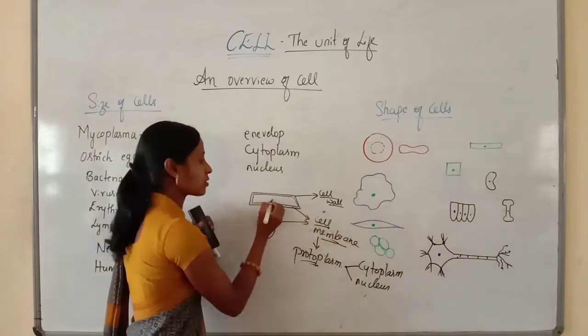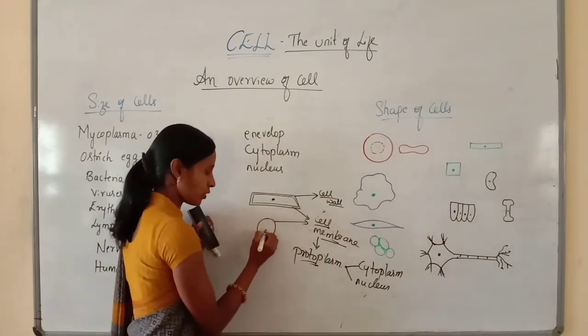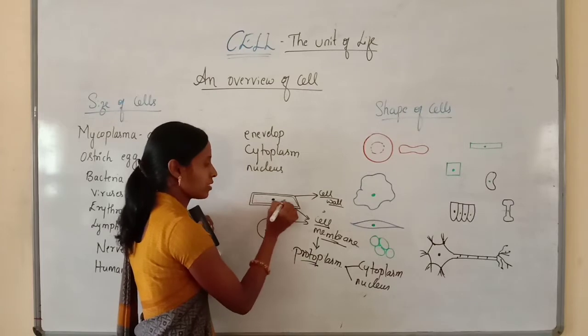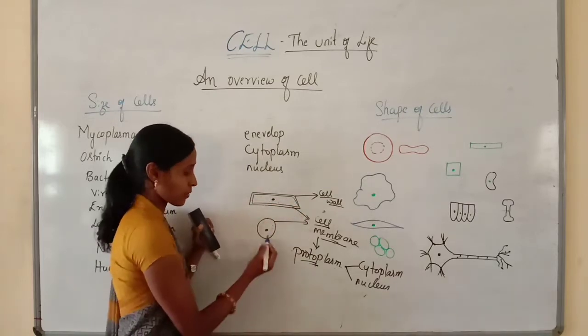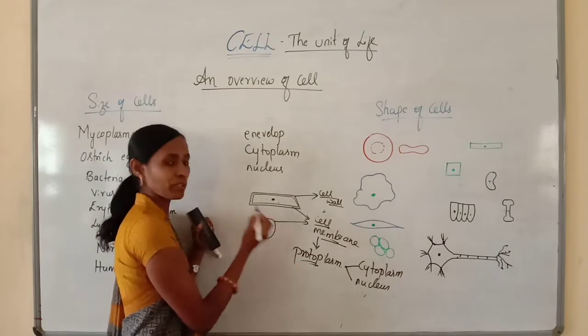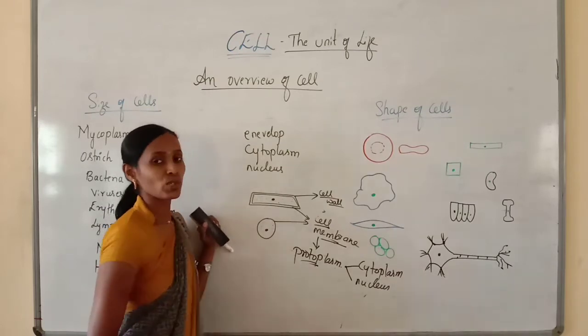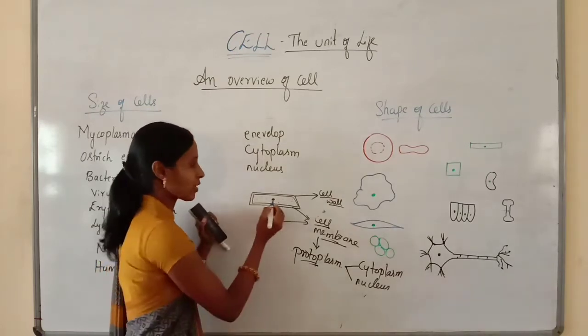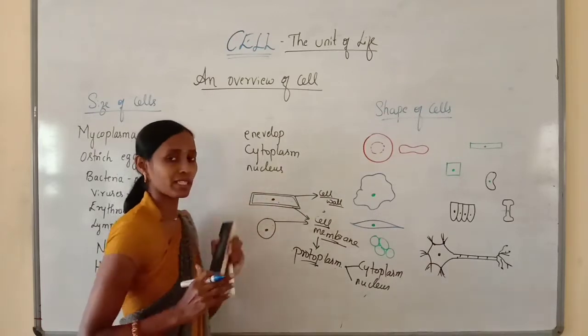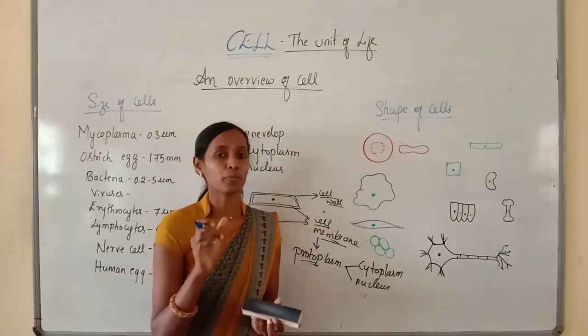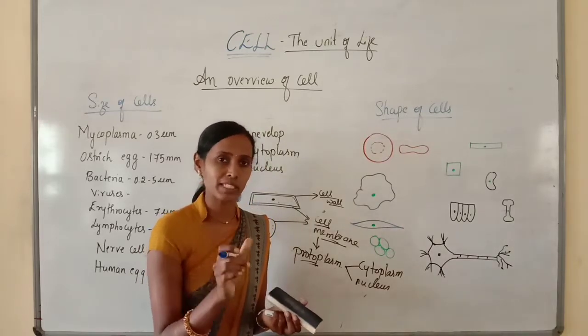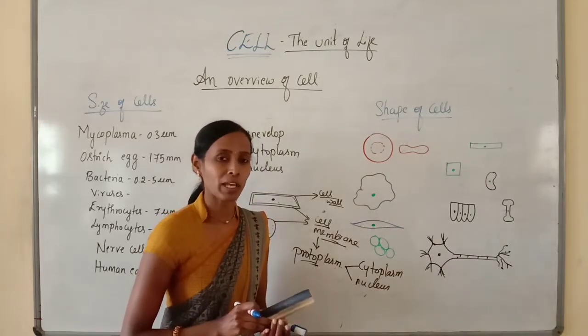So in this cell also we can find the presence of nucleus along with cytoplasm. Here also, nucleus along with cytoplasm. Nucleus along with cytoplasm together is called protoplasm. When both nucleus and cytoplasm are present, it is called protoplasm.